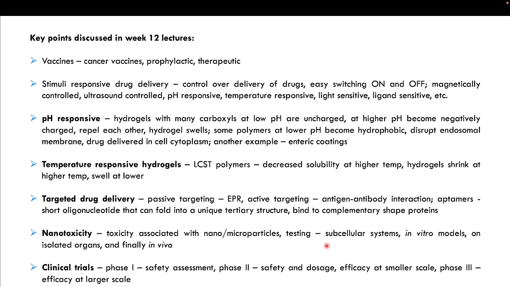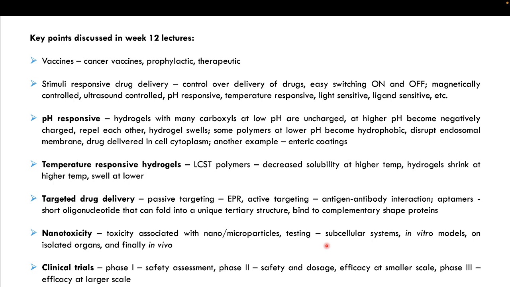What does this mean? Once you have done all your preliminary studies with mouse and you have established that your drug delivery system has a nice efficacy against a particular disease, and it's also safe in in vivo models, we can then go for clinical trials.